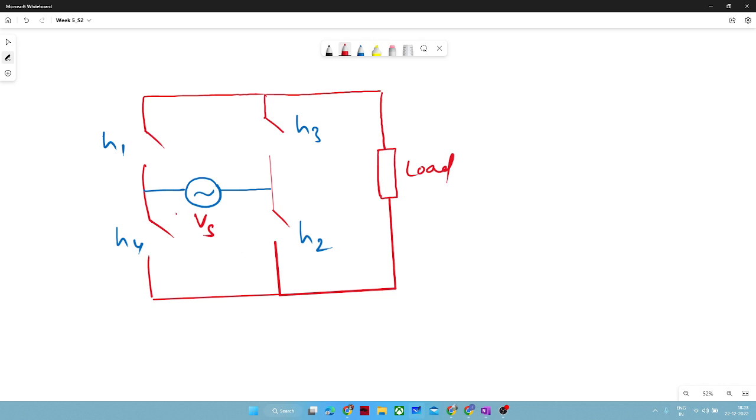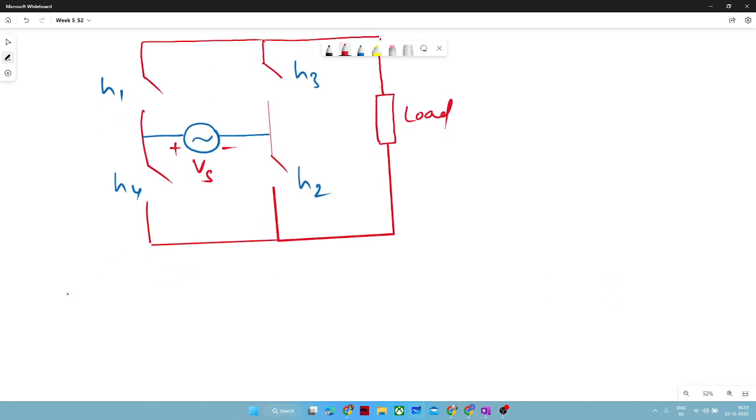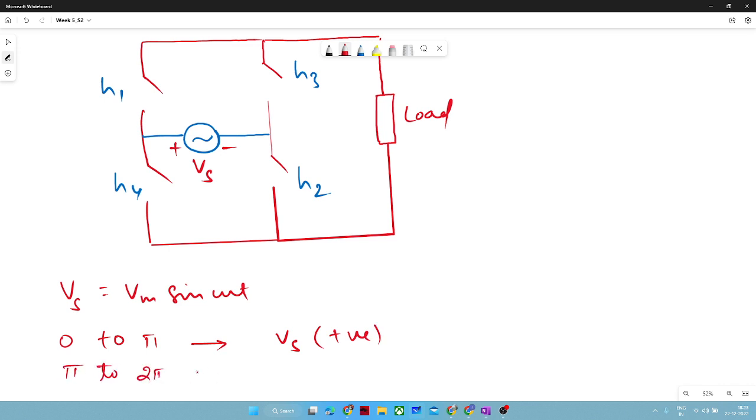Let me also write the polarity, and let us consider Vs is equal to Vm sine omega t. Now this sine omega t term would be positive for the 0 to pi duration, so from 0 to pi, Vs is positive, and from pi to 2 pi, Vs is negative.